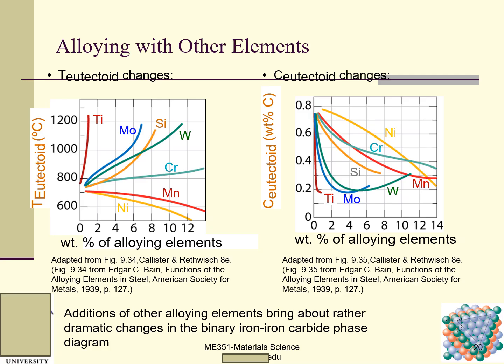You can see from here to here, this one changes, from 0.78 to 0.2. That means by using different alloying elements, you can achieve your goal, which means you can alter the eutectoid temperature, and you can alter the eutectoid composition.